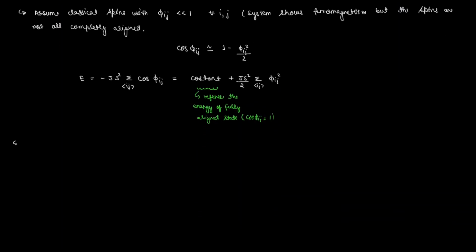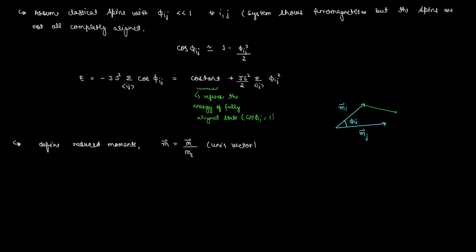Now let us define the reduced magnetic moment as the magnetization divided by the saturation magnetization, so that this small m represents the unit vector. In the vector notation, mi and mj can be shown here with the displacement vector given by mi minus mj. Now for small angles, the difference between mi and mj can be approximated by the arc length, so that phi ij is nearly equal to the magnitude of mi minus mj divided by the magnitude of mi or mj.